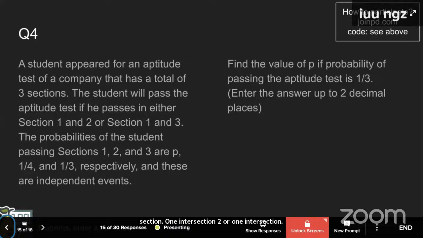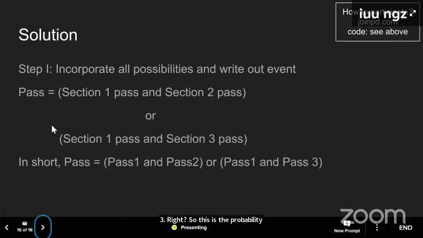So this is the probability that a student passes the aptitude test. So we have written this case: section 1 pass and section 2 pass, or section 1 pass and section 3 pass. In short, pass 1 and pass 2, or pass 1 and pass 3. This is the case when we say someone passes the test.